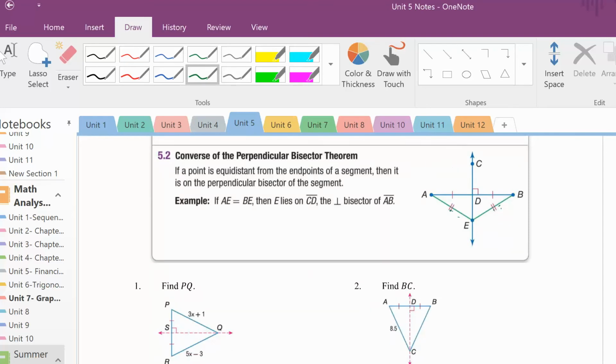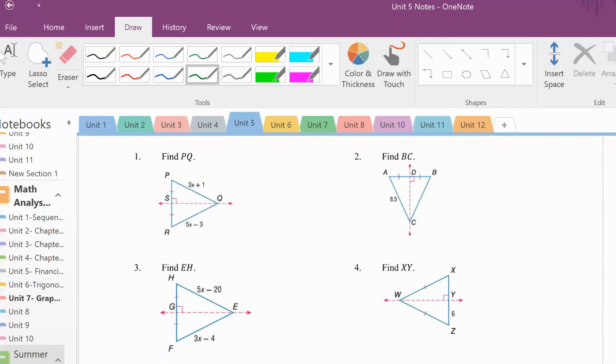So for example, here it says to find PQ. Well, notice this is the perpendicular bisector because not only is there a right angle, but also PS and SR are the same. So that means that these two segments, PQ and RQ, must be the same.